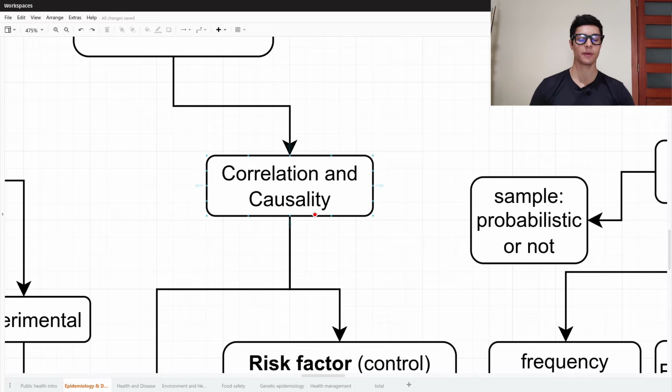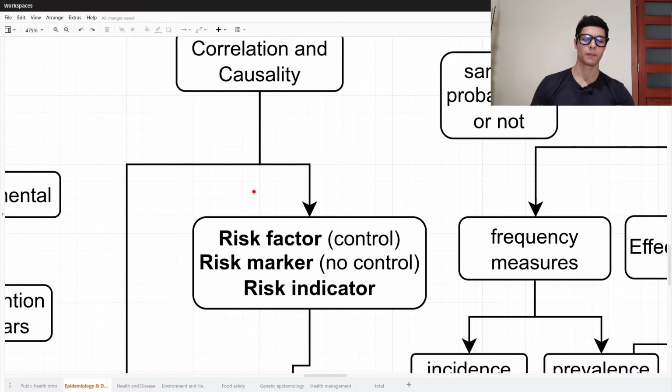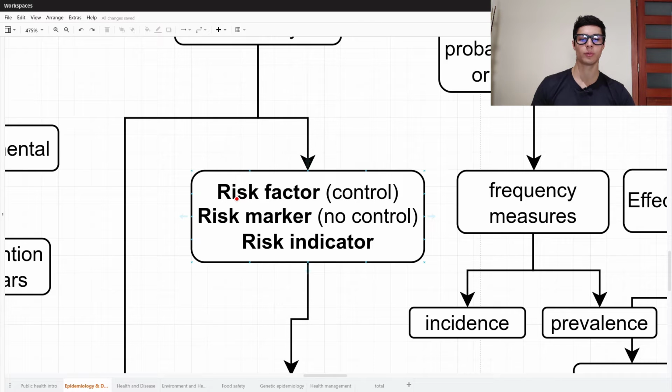Because here's the thing, maybe those people that do not consume saturated fats are also the people that exercise more and sleep better, and they do not stress. So as you can see, there are more factors that can play in this game, and that's a correlation, not a causality.